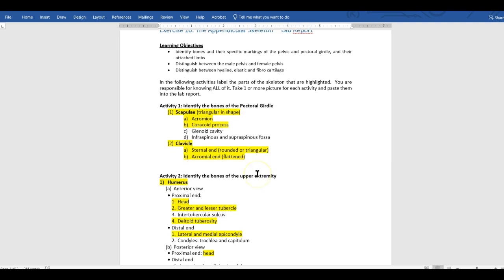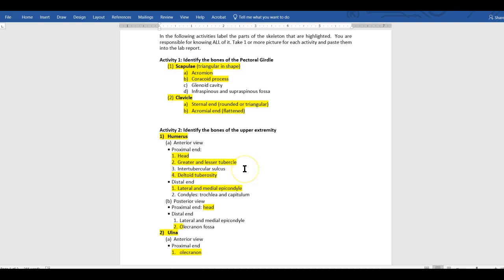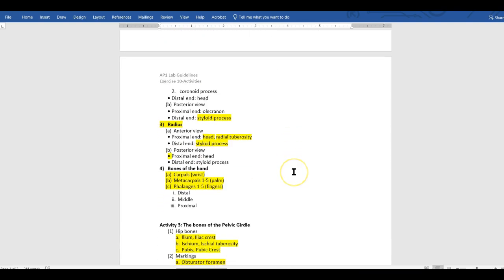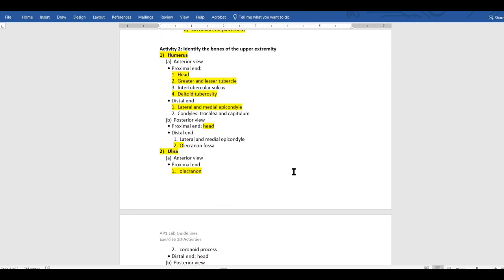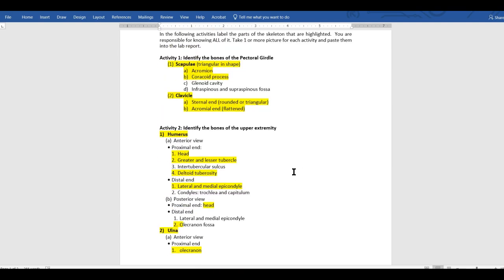I've just taken the activities and highlighted the parts of the anatomy that are most likely to show up on the exam. So everything here that's highlighted you want to label. So label the scapula, and then on it label the acromion and the coracoid process. The glenoid cavity might show up on the exam, but it's going to be hard to label on your skeleton.